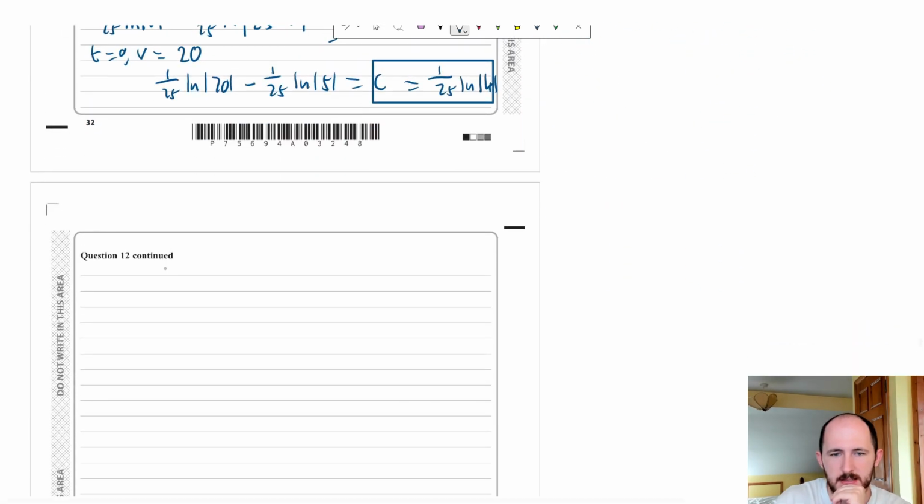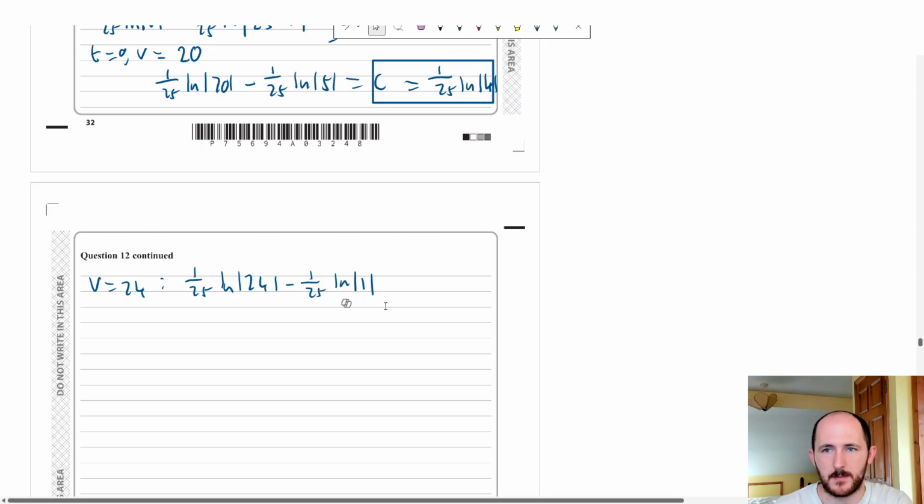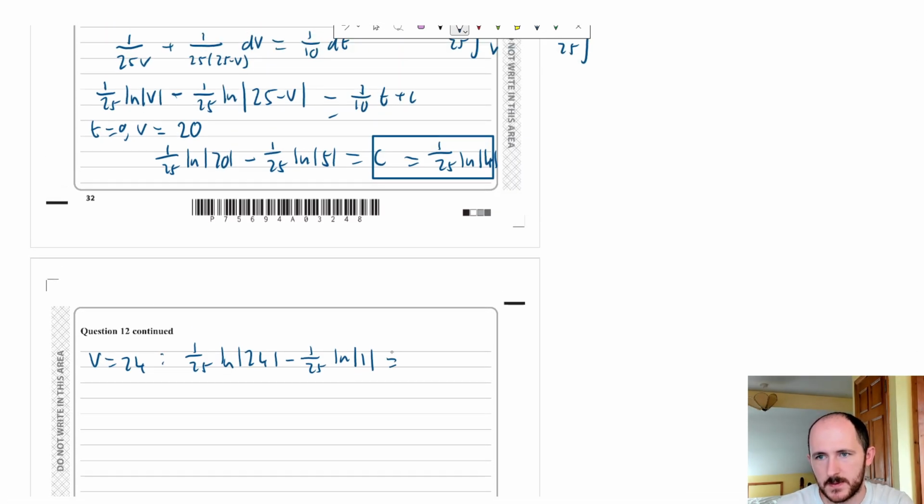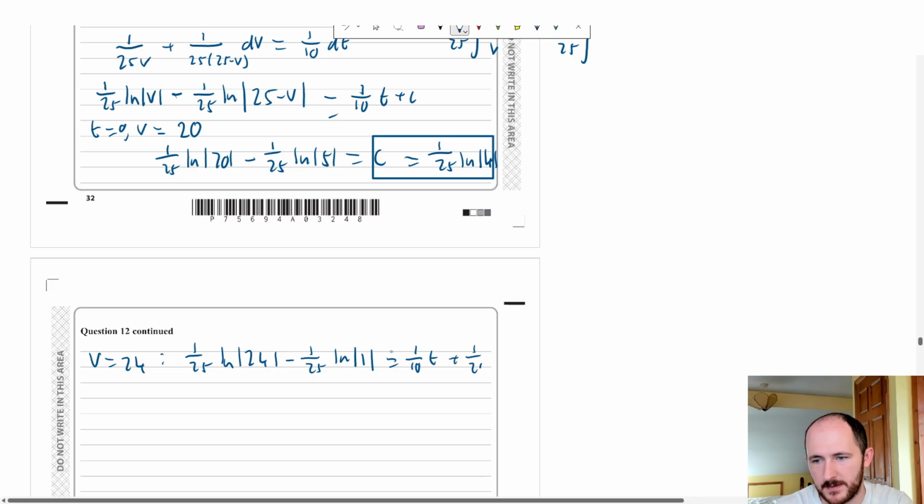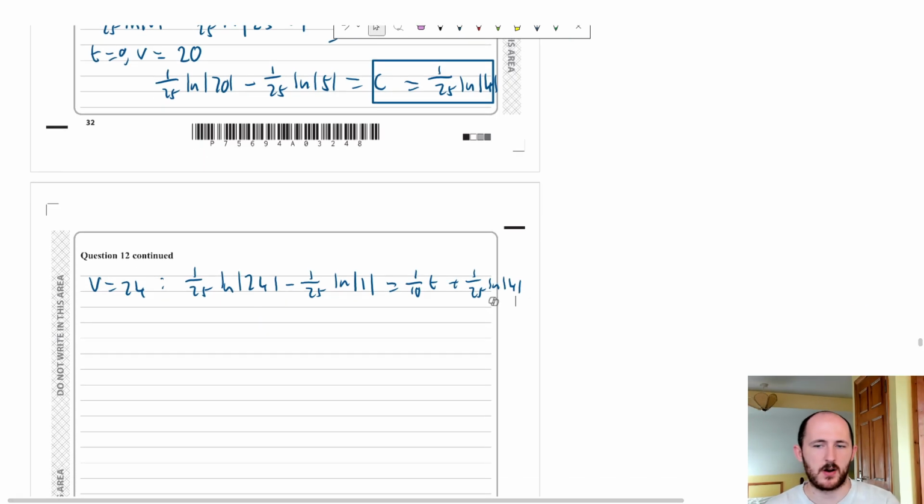So if we just sub in v equals 24, we get 1 over 25 ln 24 minus 1 over 25 ln 1, because it's 25 minus 24, equals 1 over 10 t plus 1 over 25 ln 4. And because I'm a genius, all I'm going to do is do this whole thing on the calculator.